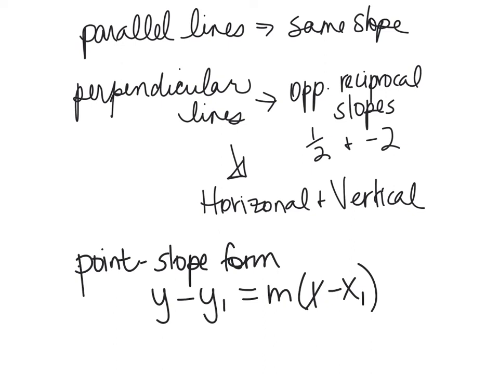If we have to rearrange the equation first, that's fine. But we get the slope of our original equation, then we decide if it's parallel or perpendicular, and we either keep the same slope or we flip it over. And then we plug it into the point-slope form if we want to go through a certain point. So we take our new slope and we put it there, and then we plug in our x1 and y1 of what we want the line to go through, and then we get our equation. We may have to keep solving for y if we need it to be in slope-intercept form.